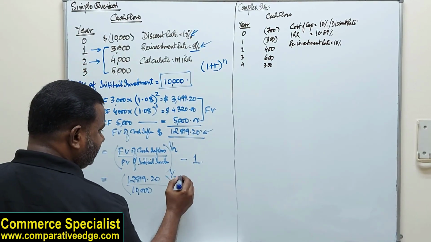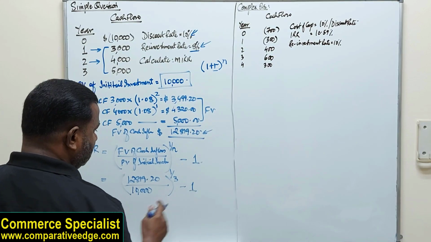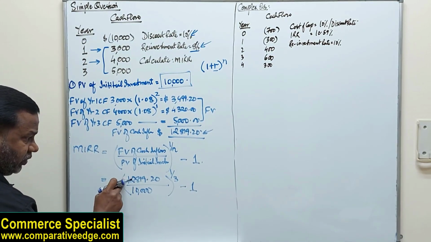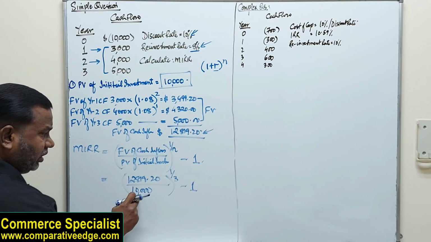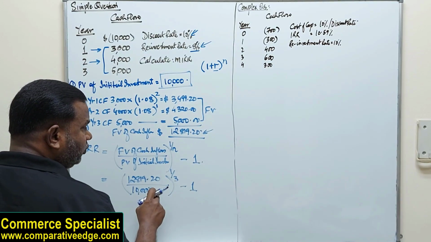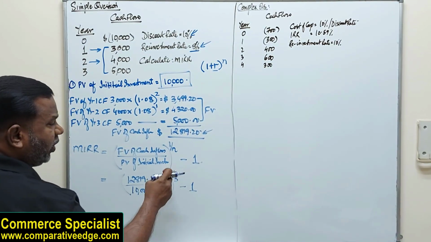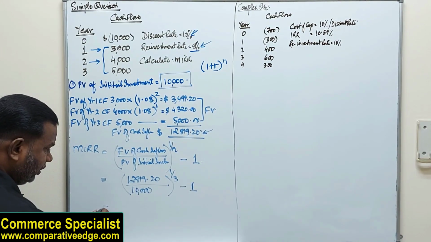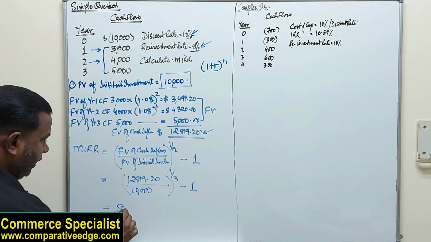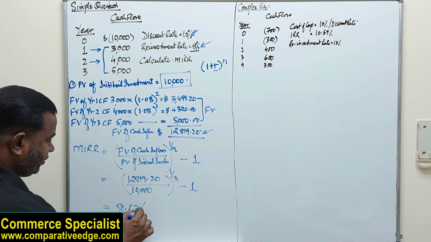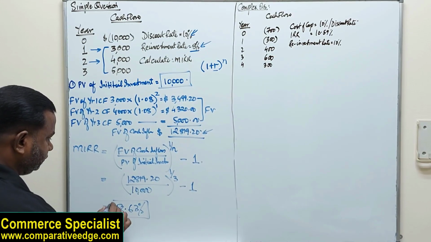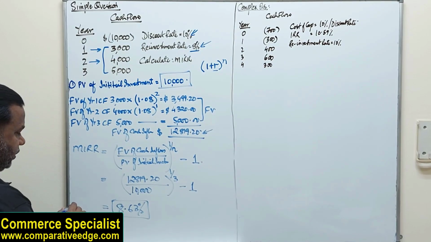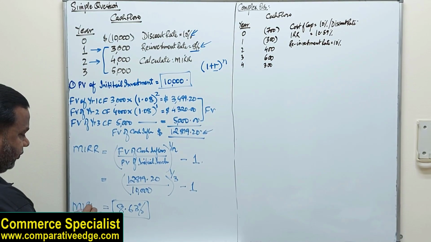So this is 1/3 minus 1. So first you divide this. Whatever answer you get, you have to do it to the power 1/3, means to the power 0.3333. Whatever answer you get, minus 1. So finally you will get 8.63%. This is your modified internal rate of return.